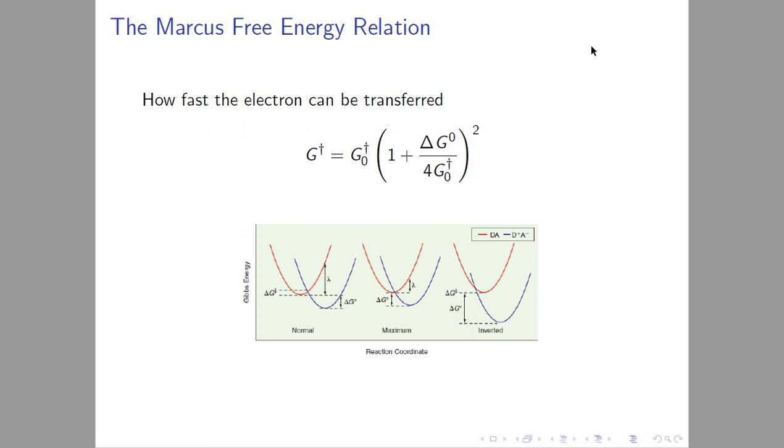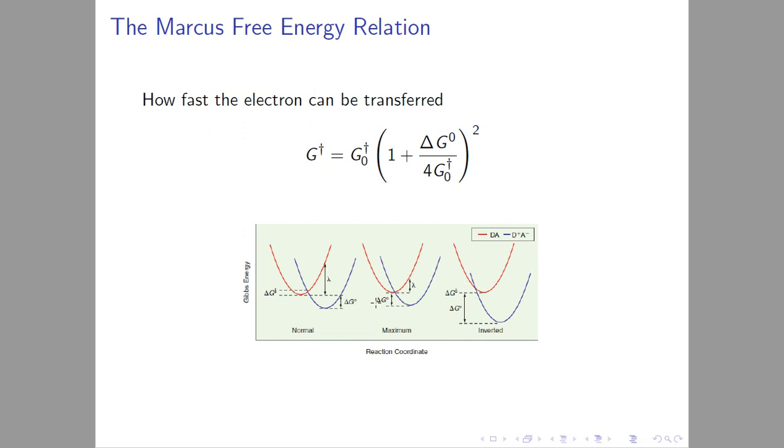Here the graph gives the energy difference between these two states. So these are the reactant and these are the product.